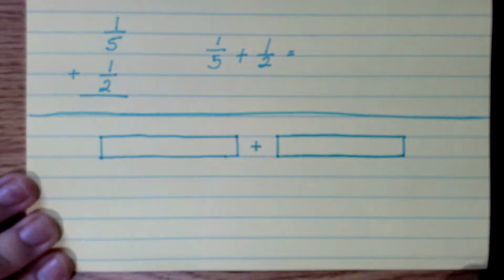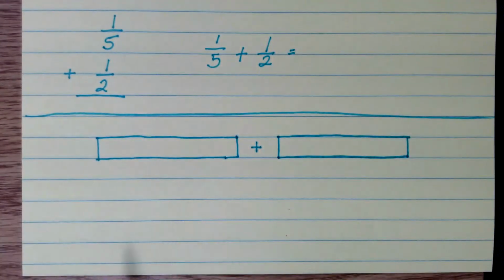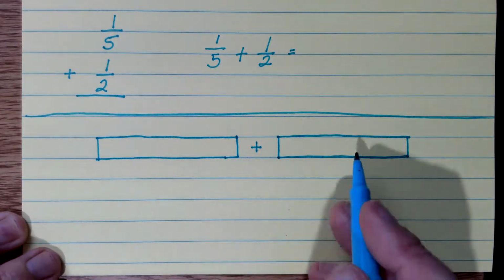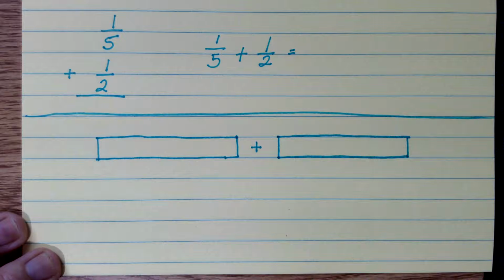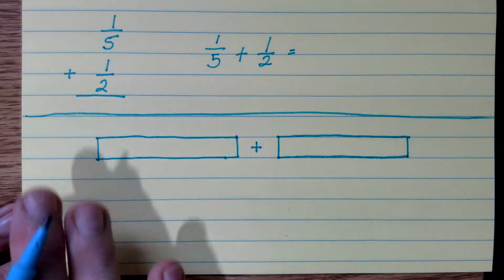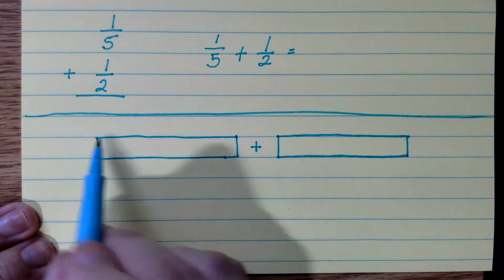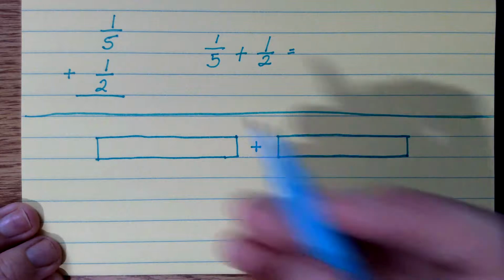And that way when it's divided into pieces, we're dealing with really truly the same size whole. Okay, so it doesn't matter if we're dealing with fifths or halves. All that matters is that the wholes are the same size, and then we divide them into the correct amount.